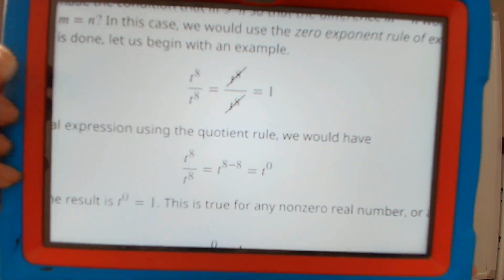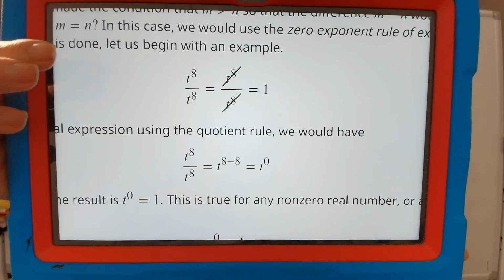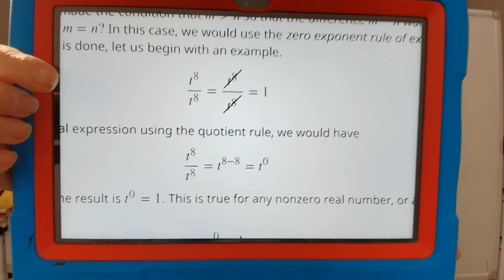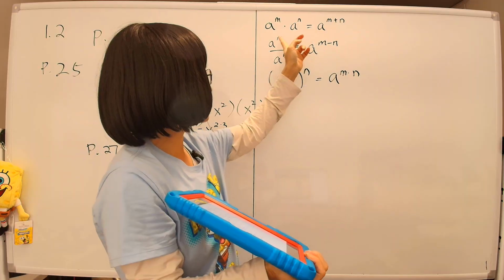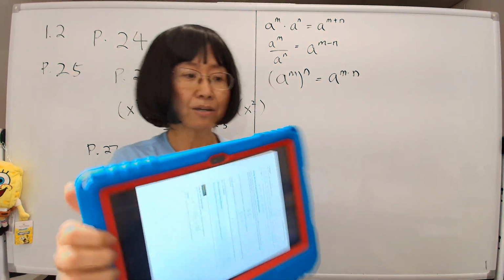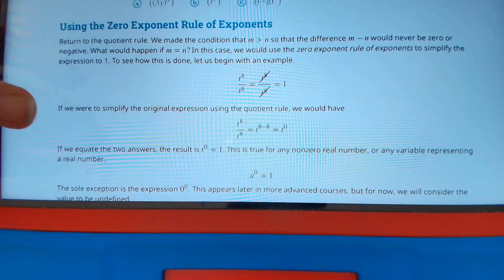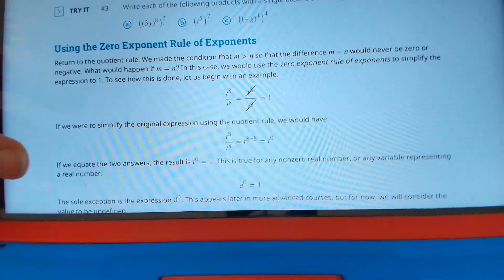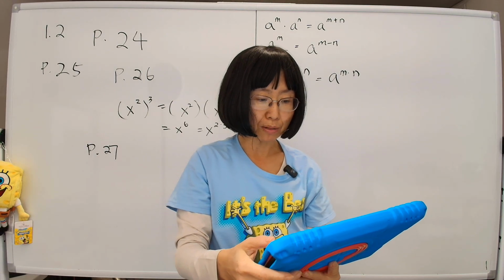We have t to the power 8 over t to the power 8. That would, of course, give us 1, but by the quotient rule, that means you subtract the bottom from the top, which happens to be the same in this case, which means that the result will be t to the power 0. See, so because of that, we define anything to the power 0 to be equal to 1.